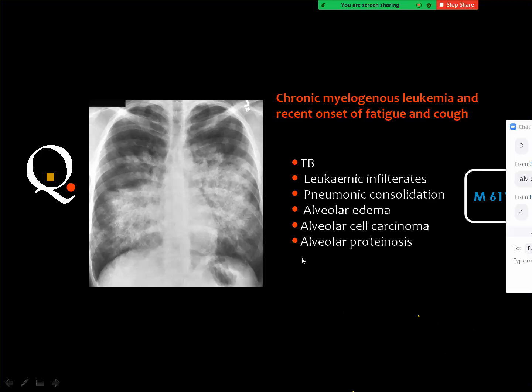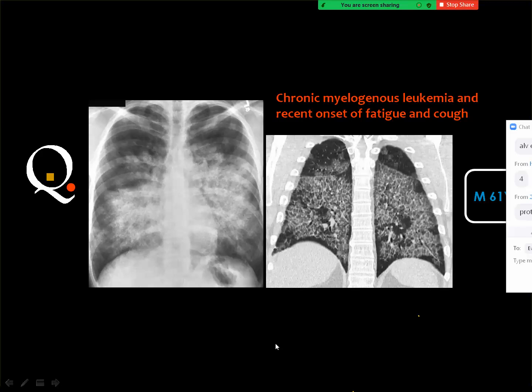Okay, this is, of course, not a pneumonic consolidation because of its central location. Number two, it's not alveolar edema because the heart is normal. And this is not TB because the site of the lesions is not that for TB. Then we are left with alveolar cell carcinoma and alveolar proteinosis, and we need the help of CT.